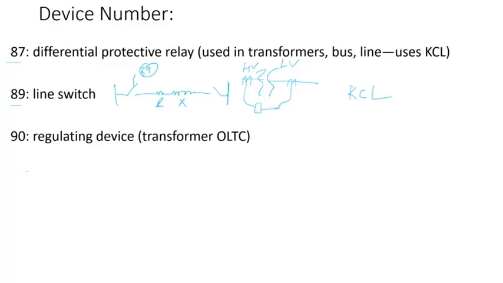And finally, device 90 is a regulating device. So if you have, for instance, an online load tap changer, you would have a device where you can set it to tell the tap changer to change taps, add taps or remove taps out of the circuit in response to voltage.